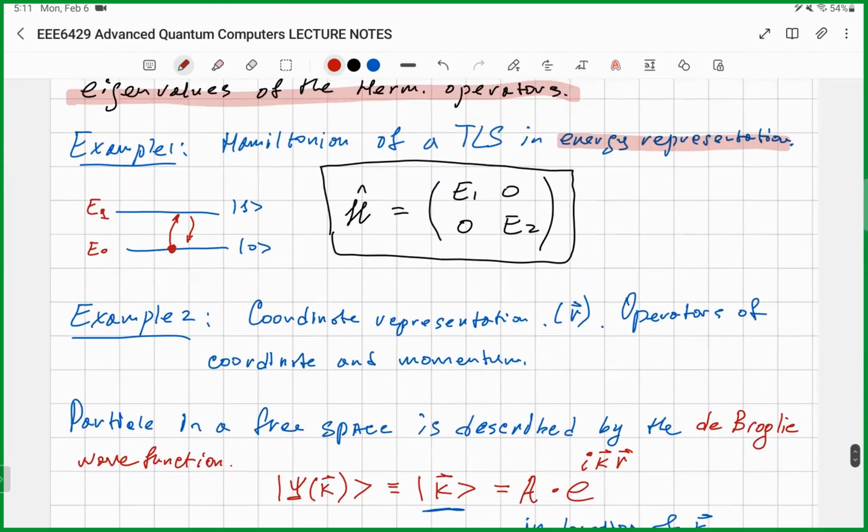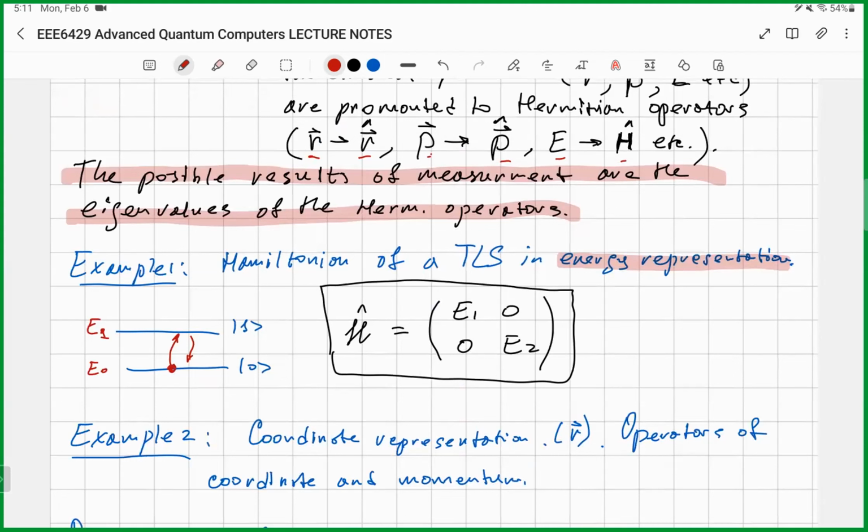And then we said that a system can be represented in different representations. These Hermitian operators not only have real-valued eigenvalues, but also the eigenstates of these Hermitian operators provide you a basis.